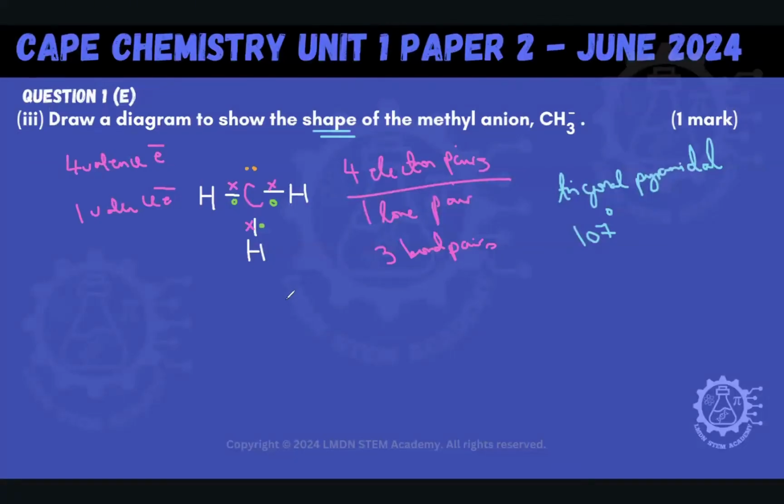And so when we look at it from a shape standpoint, we're going to put the carbon up here, and then that lone pair, I'm going to draw the lone pair there. This lone pair is the one causing the shape to be what it is.